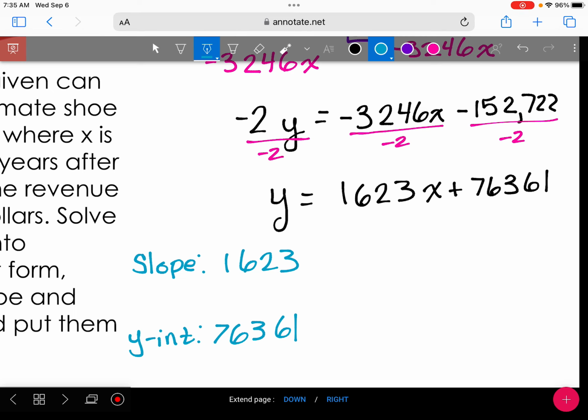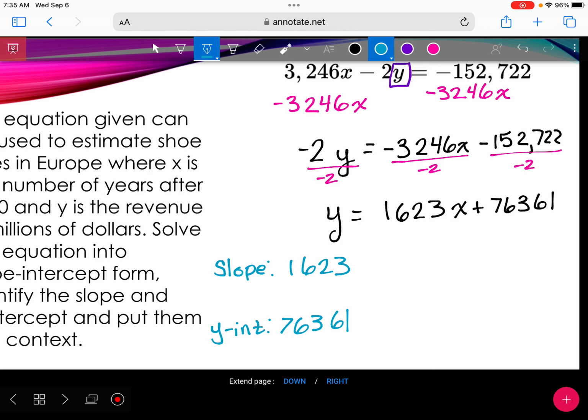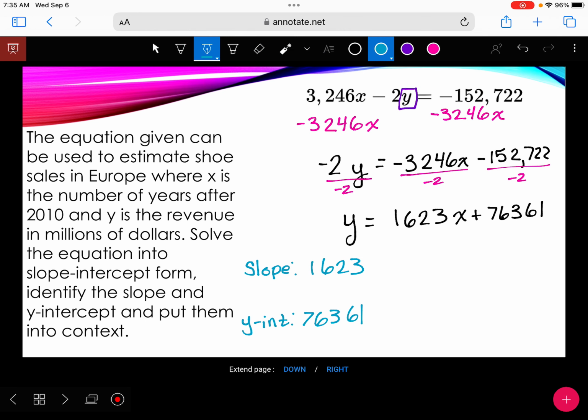It's bigger numbers, but it's the pieces we've done before. The tricksy thing on this one is putting it into context. And in that case, we're going to use the words we have over here. X is the number of years since 2010. And Y is the revenue in millions.